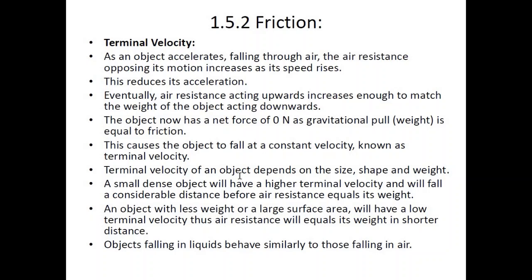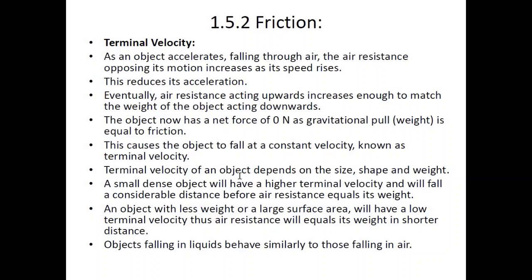Then we have something that is known as terminal velocity. We have discussed terminal velocity before as well. Terminal velocity is something that is achieved due to friction. As an object accelerates falling through the air, the air resistance also increases, and this reduces its acceleration.